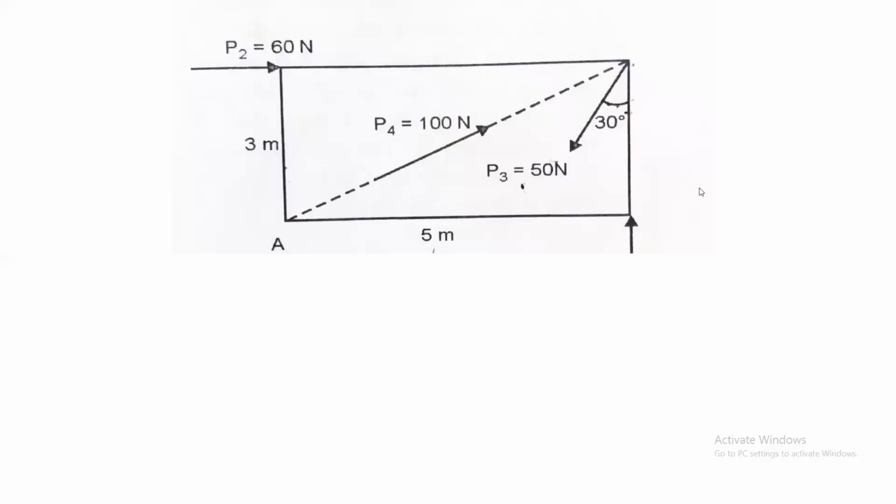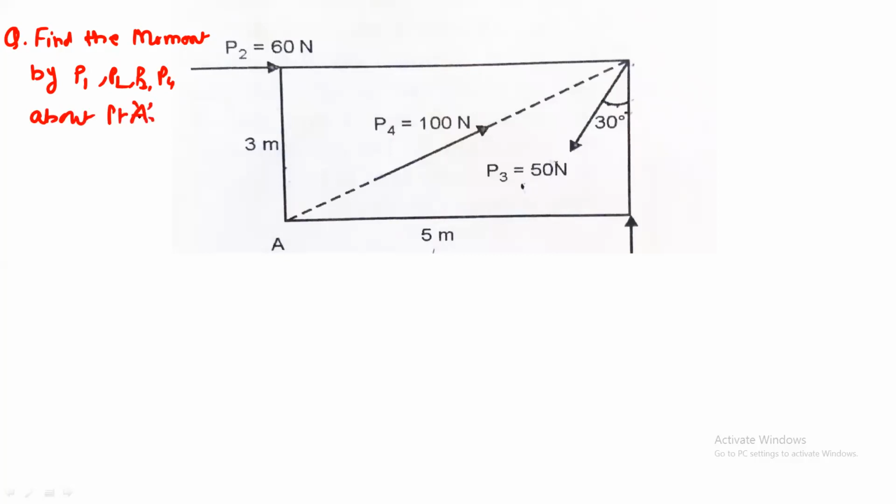Now we will solve one basic problem on the moment. This is the problem, and the statement is: find the moment by forces P1, P2 and P3 about point A. This is P1, this is P2, P3 and P4.